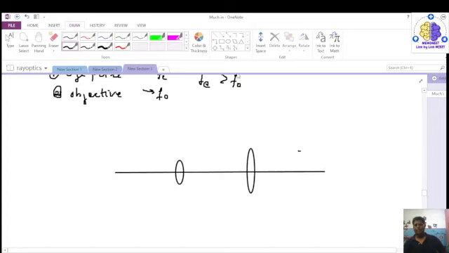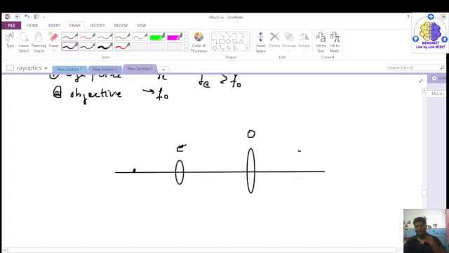This is the eyepiece, and this is the objective, right?